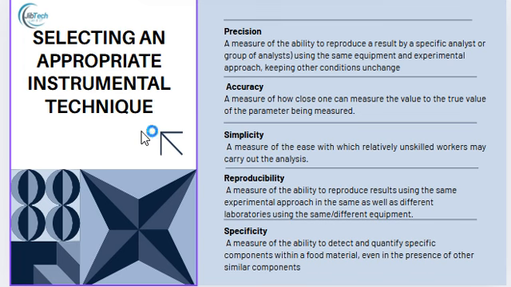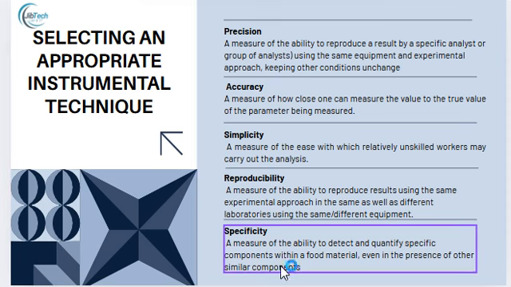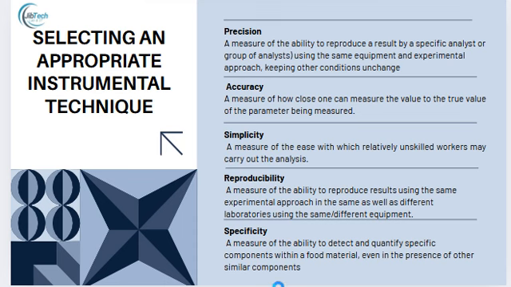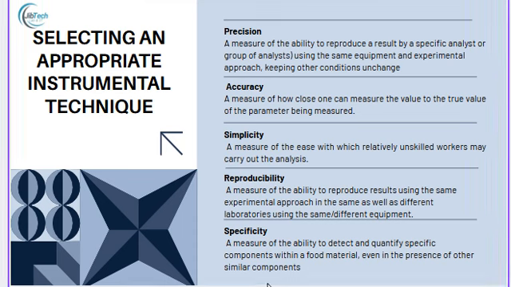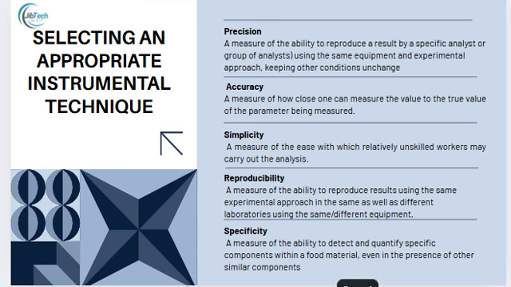But the ability of that equipment to still be able to determine protein is what we refer to as specificity, or the ability of the instrument to determine or analyze the compound of interest, even if that compound is very similar to some other compounds. So these are the factors that you need to consider when choosing an analytical instrument.